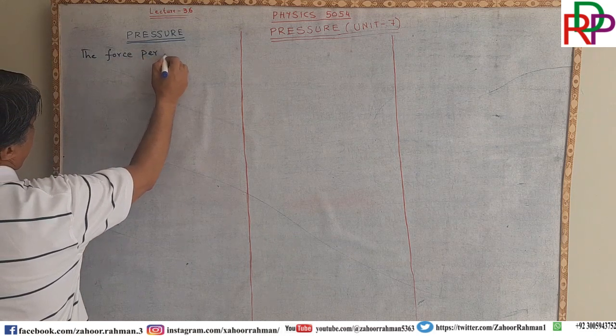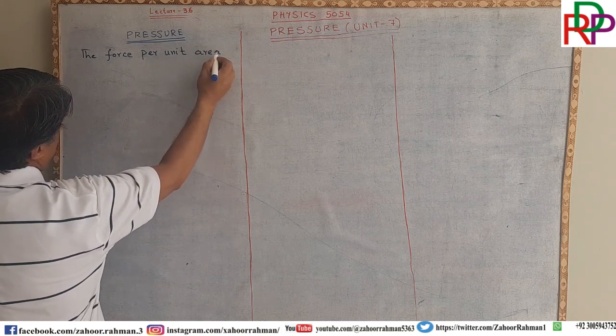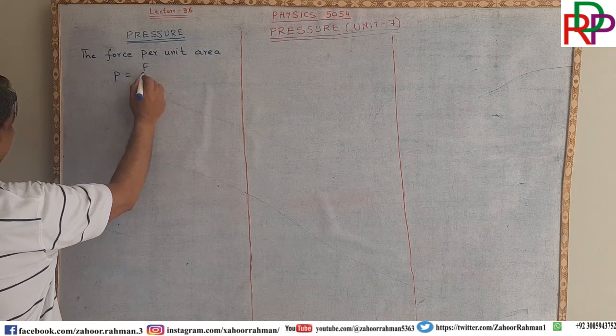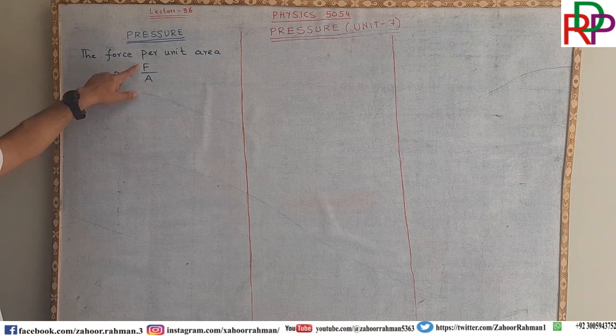per unit area. Mathematically, P is F divided by A, where P is the pressure, F is the force, and A is the area.